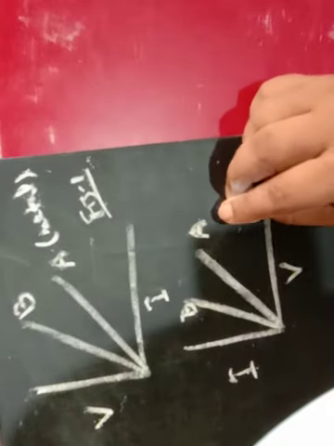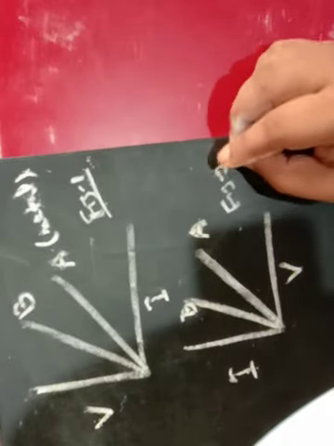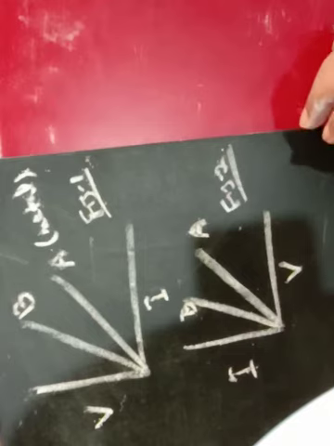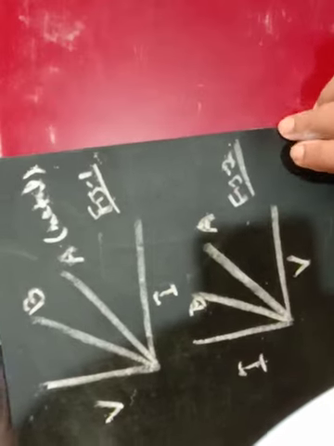For figure number 2, which metal is having more resistance? A, I think. So which thing do you have to look at in the examination? You have to look here whether it is IV or VI, whatever is given. We have to find out accordingly. Clear?